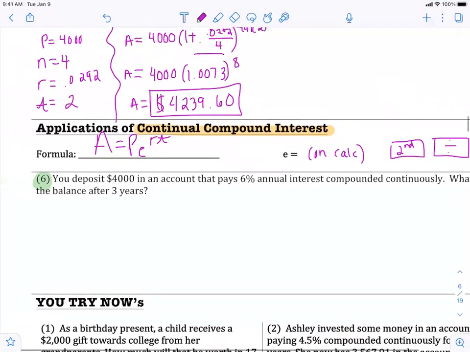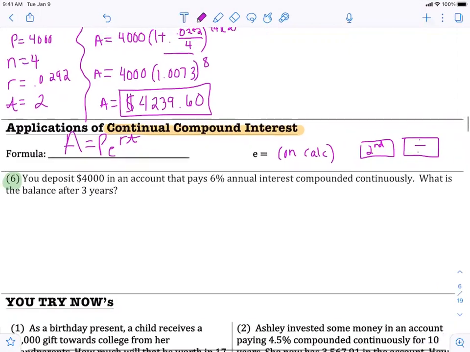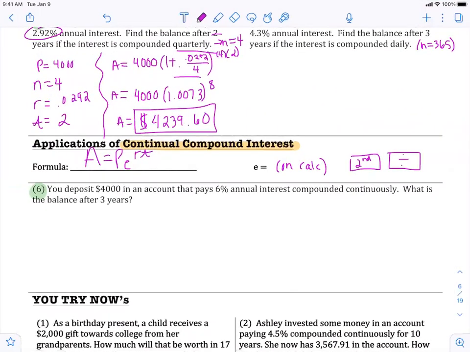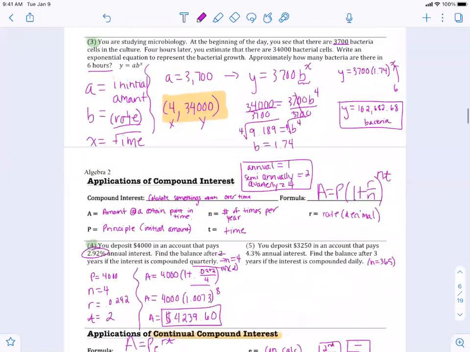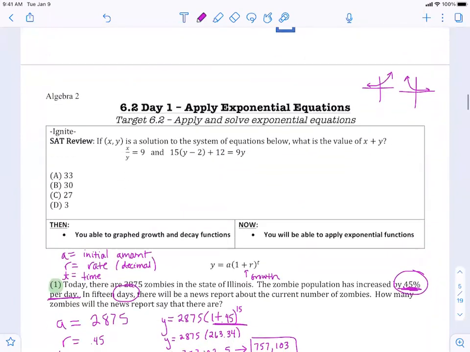When it says compounded continuously, it literally means it's compounded every second of every day, which is why we have to have a way to approximate this. But all of the other variables end up staying the same. And that really is exponential equations.